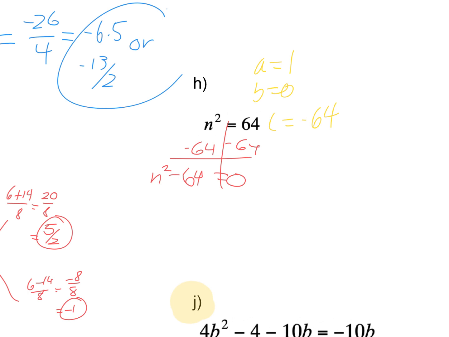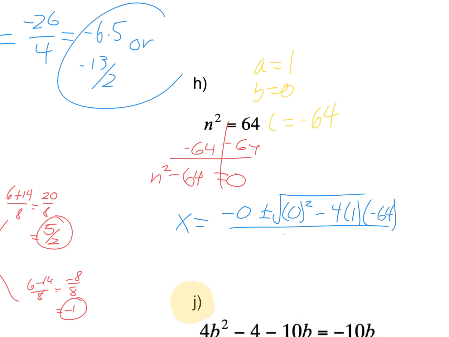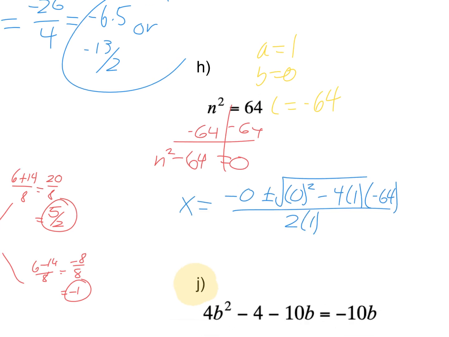Now, from here, we can use the quadratic formula and start plugging numbers in. So, x equals -b, which is 0, plus or minus the square root of b squared, which is 0 squared, minus 4 times a times c. This is all divided by 2 times a.